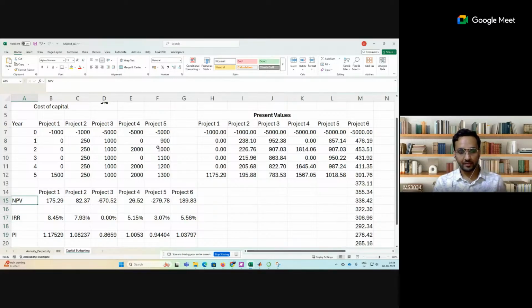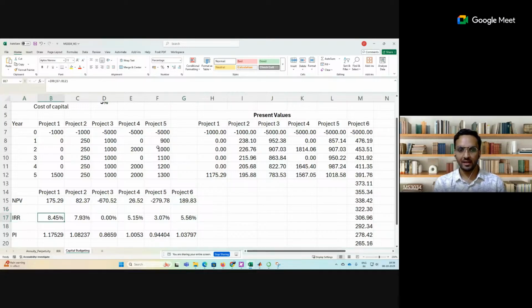So if we do the calculations for the NPV, PI, and IRR, you can see the formulas. For NPV, I simply added all the present values of project 1 to project 6, and for IRR I have simply used the IRR formula for the cash flows. Here you can see that according to NPV, project 6 is most profitable, it has the highest NPV, but IRR is highest in the first case.